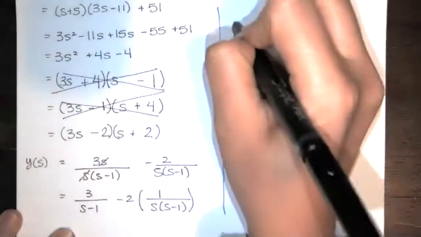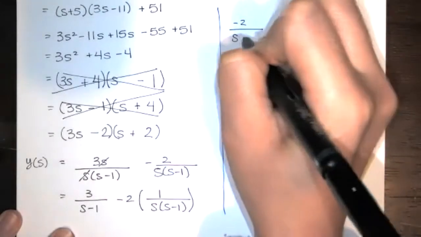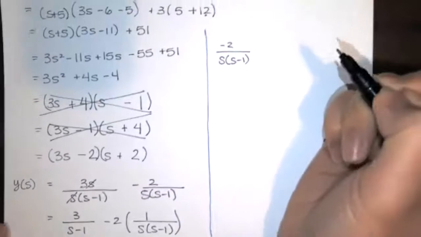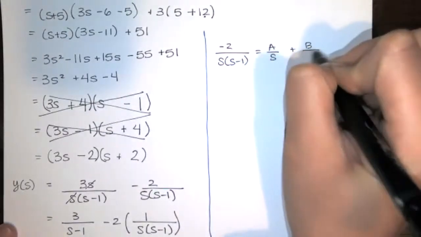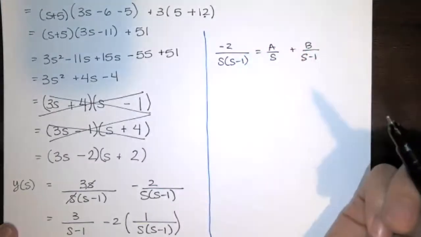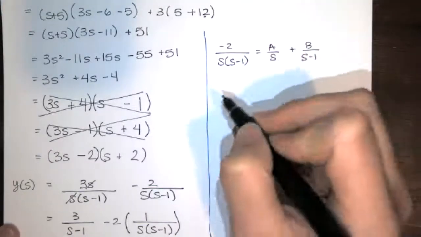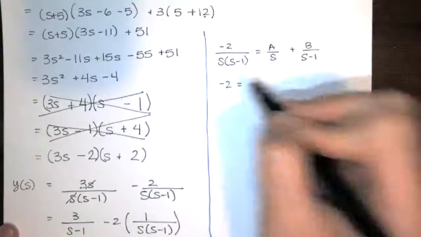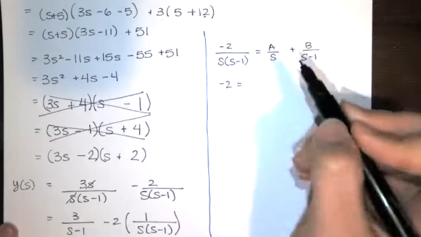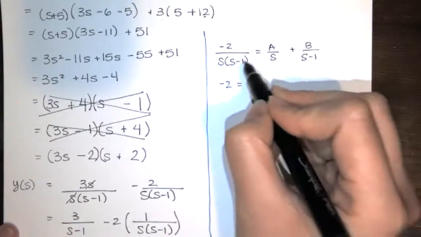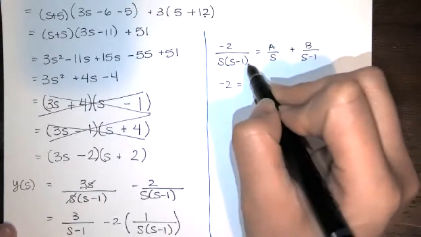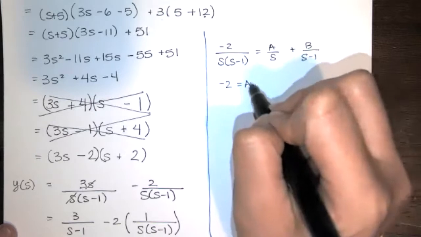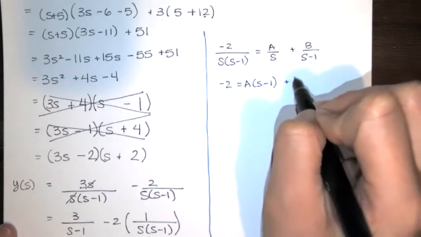So let's use partial fractions to rewrite the negative 2 over s times s minus 1. So I have a over s plus b over s minus 1, since these are both linear factors and neither of them are repeated. If I multiply both sides by the LCD, the denominator will cancel and I'll just have the numerator. If I take this and multiply by this, the s's will cancel and I'll have a times s minus 1.